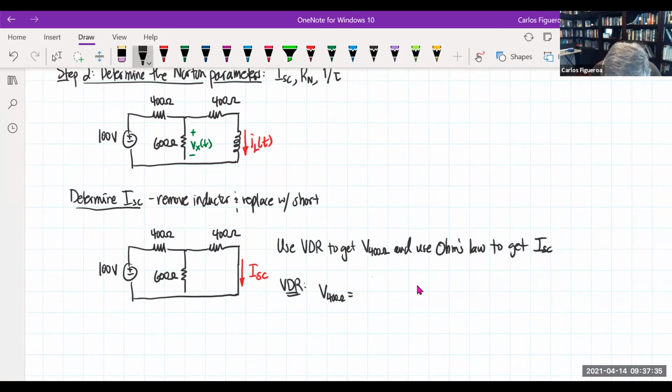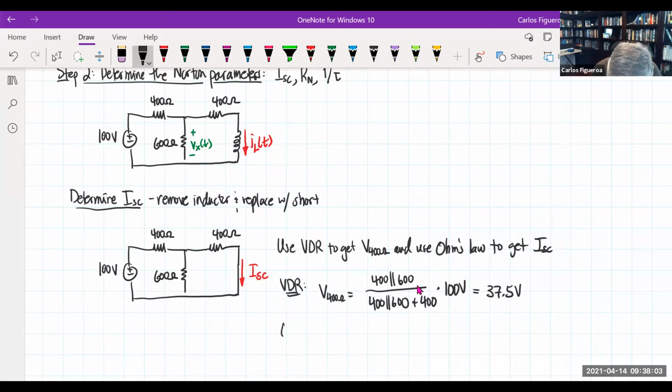So I'm going to get 400 parallel to 600, divided by 400 parallel to 600 plus 400, times my voltage source, which is 100 volts. If I compute that, I'm going to find 37.5 volts. I now know what the voltage is.